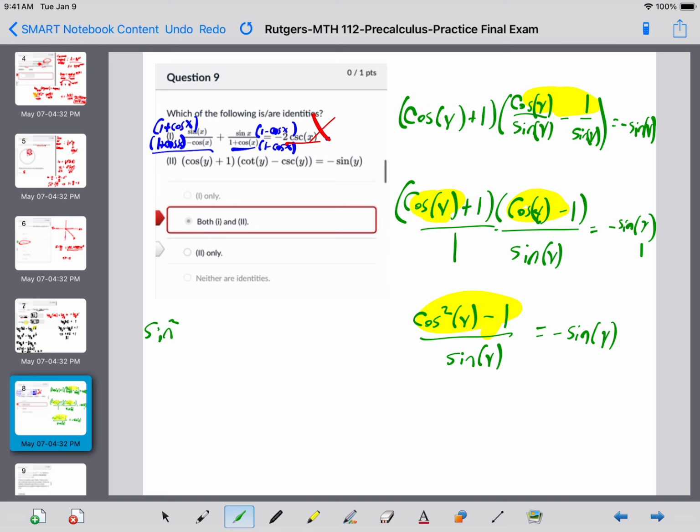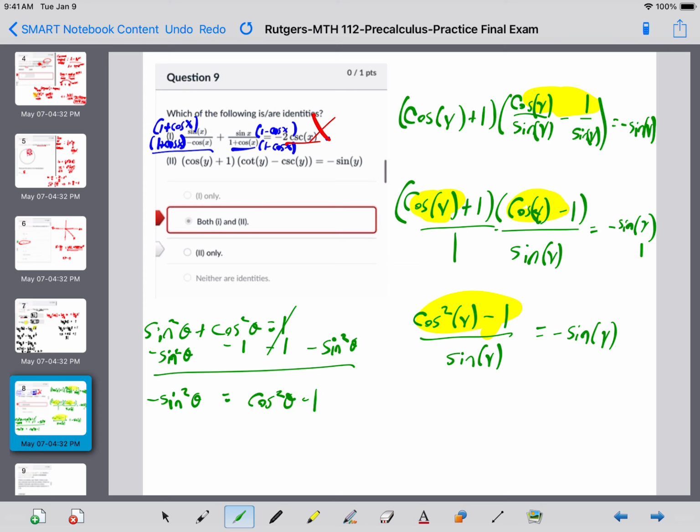So we have sine squared of theta plus cosine squared of theta equals 1. If I want it to look like this, I could subtract 1, and then I could subtract sine squared of theta on the other side. So I have negative sine squared of theta equals cosine squared of theta minus 1.